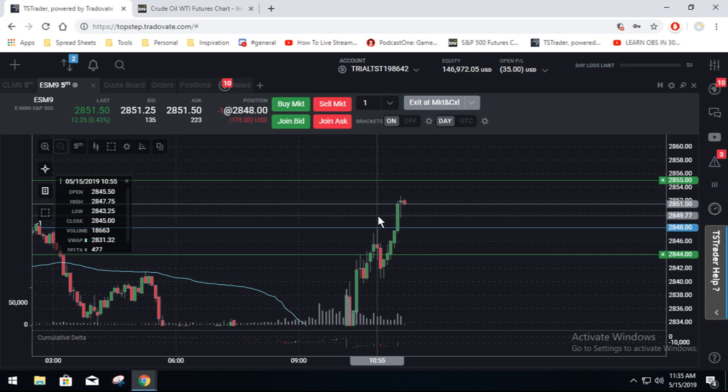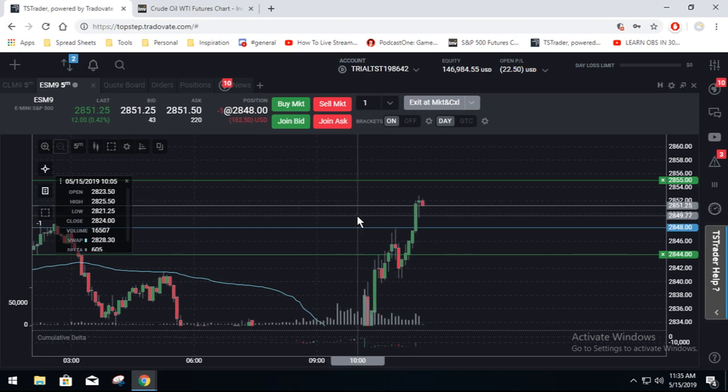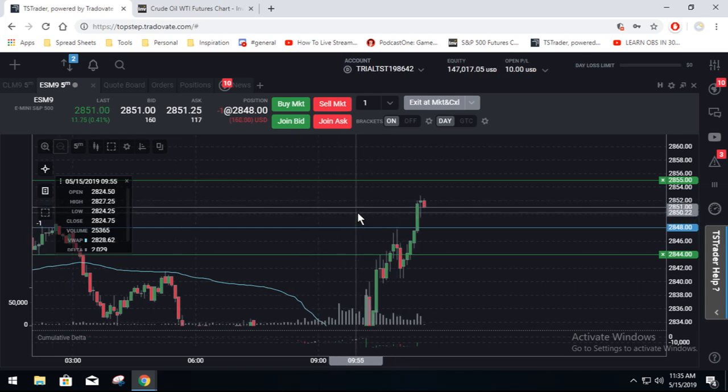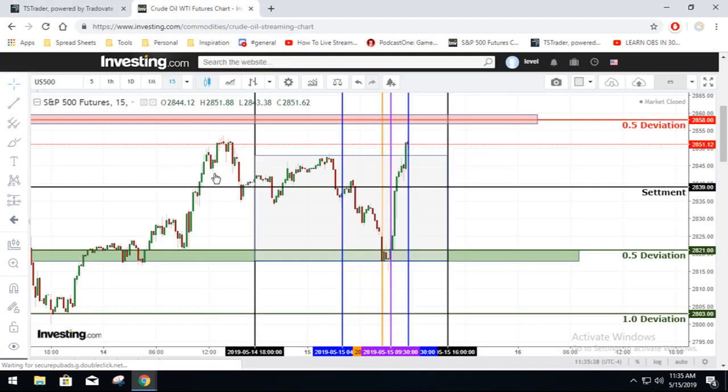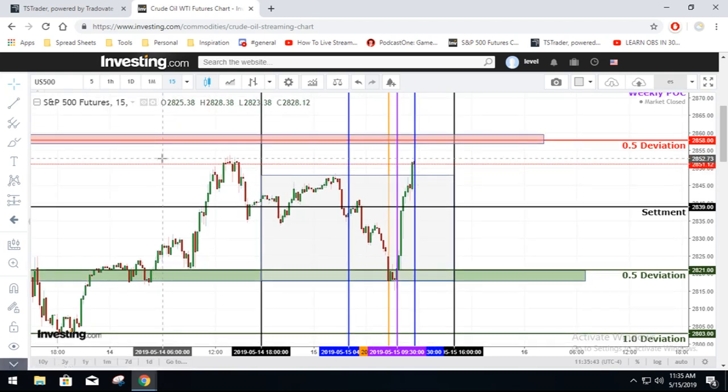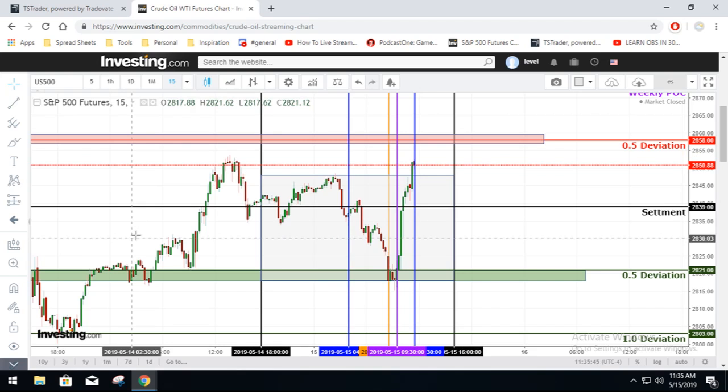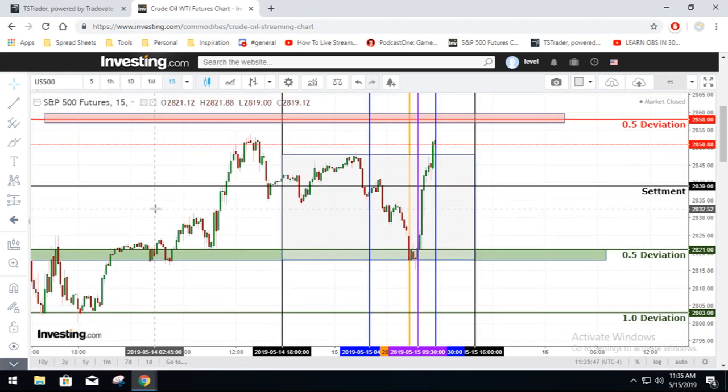That is 2 entries missed right there by ticks, 1 tick each. So we look, that's the high right there. Ping.